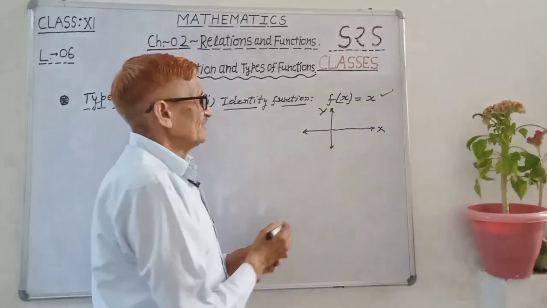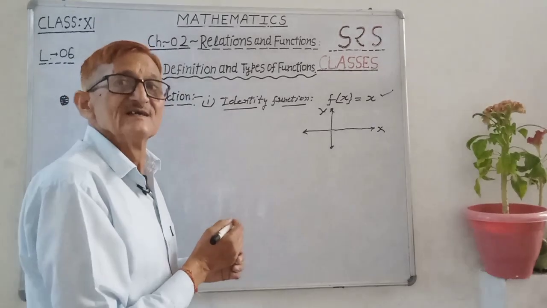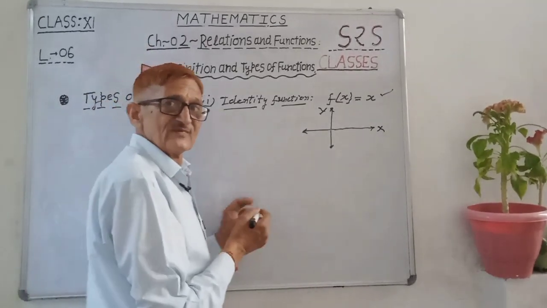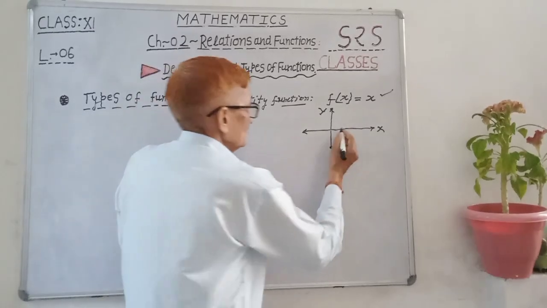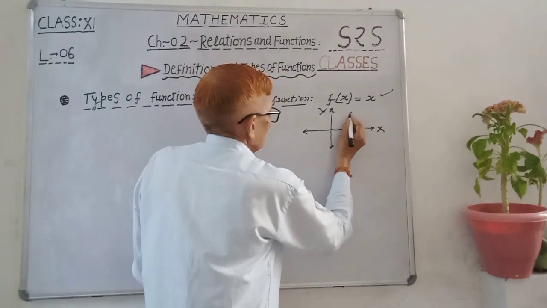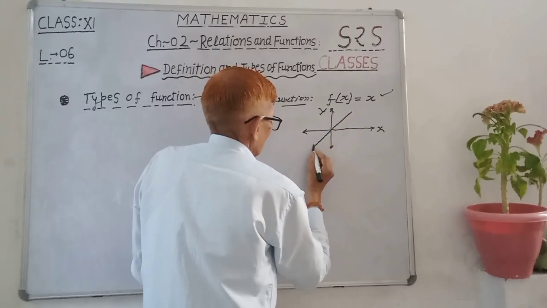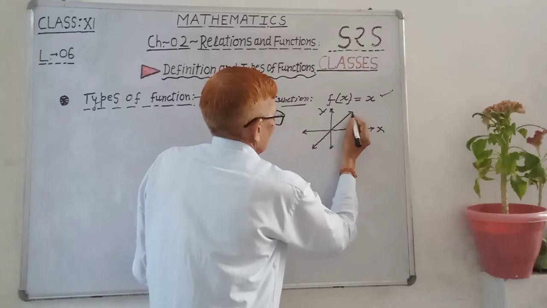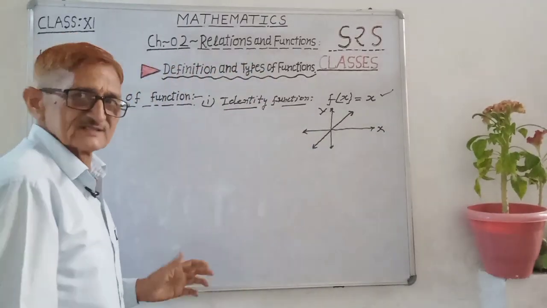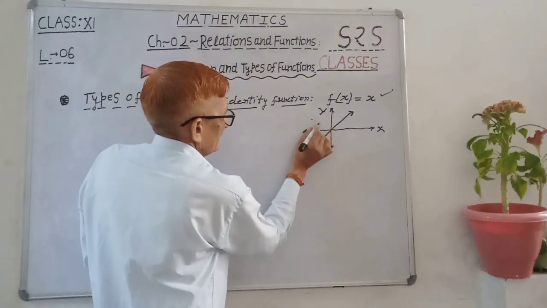So this is the identity function, meaning x and y are the same. So 1, 1, 2, 2 like this, and this will come at -1, -2, -3. Many points, same, will come here.